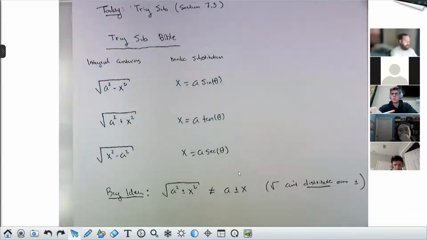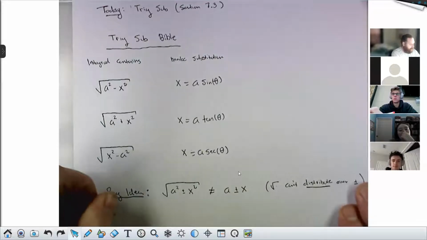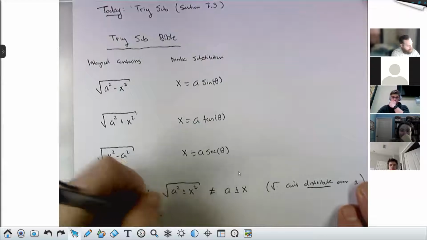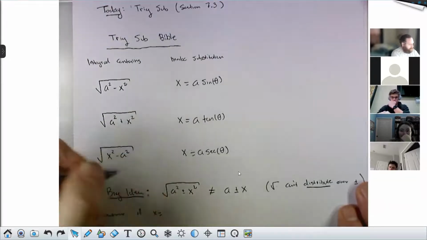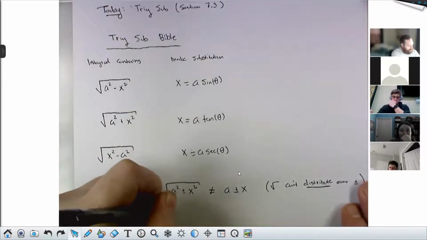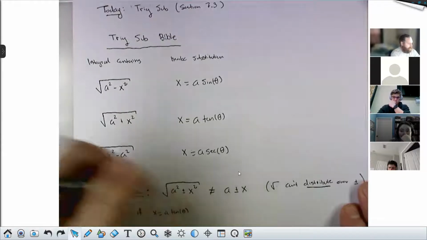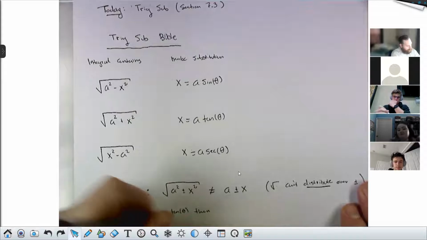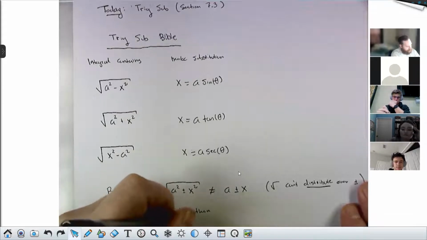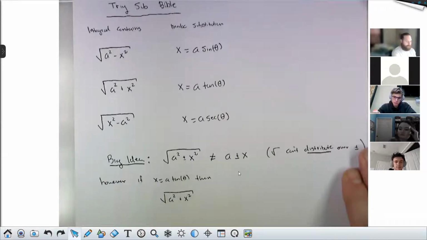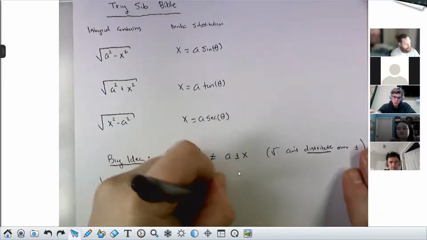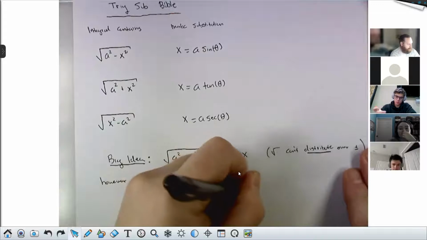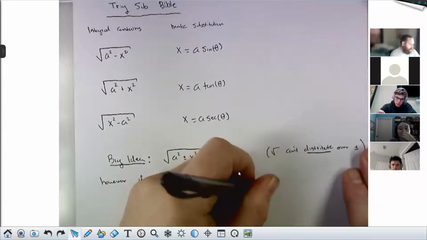And the reason why: if I make x equal to, let me say, a times the tangent of theta, I'll do that one. Then the square root of a squared plus x squared will be the square root of a squared plus a squared tan squared theta, right?